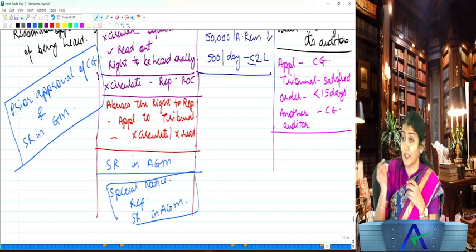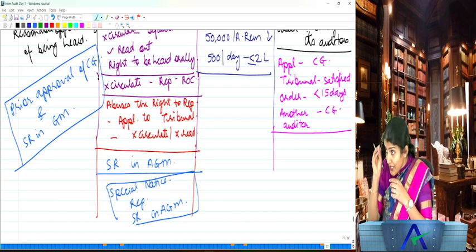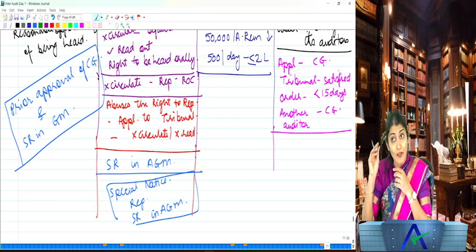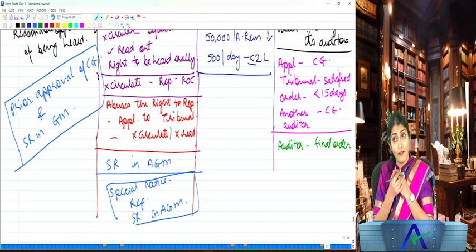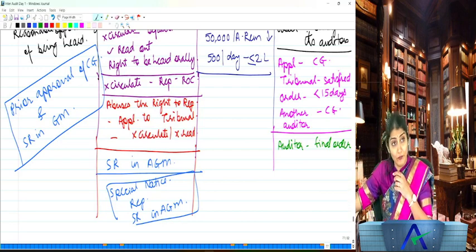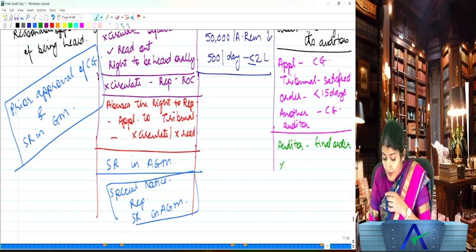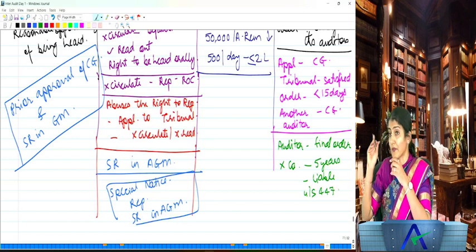Then such a hopeless, fraudulent auditor, who acted in a fraudulent manner, abated or colluded in any fraud, against whom the final order has been passed by the tribunal, cannot be appointed as an auditor of any company for a period of 5 years, and he shall also be liable under section 447 of Companies Act 2013.